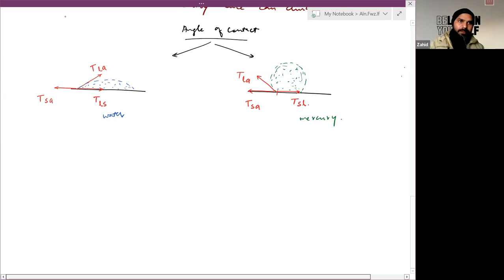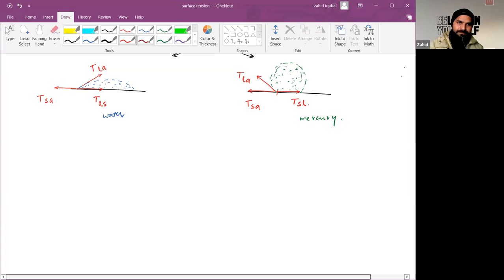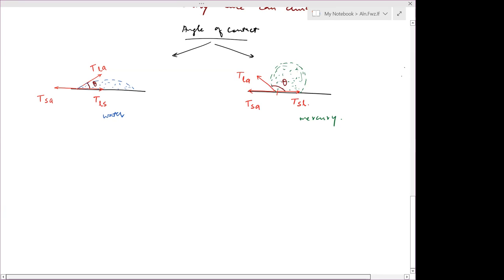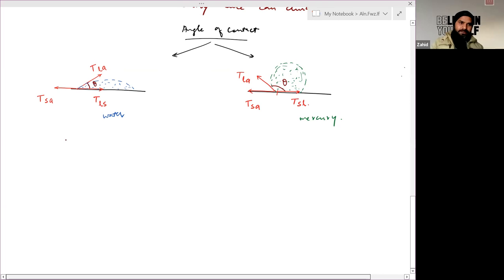So the angle in between these two surface tensions, let's say theta, is called the angle of contact. Is it clear? Yes, sir. So in this first part, theta is acute. In the second part, theta is obtuse.